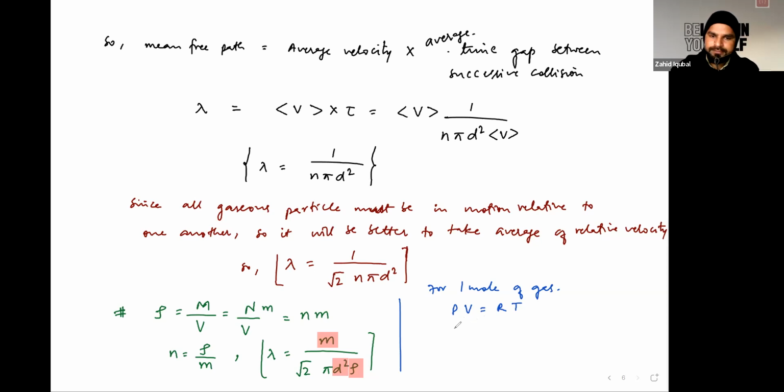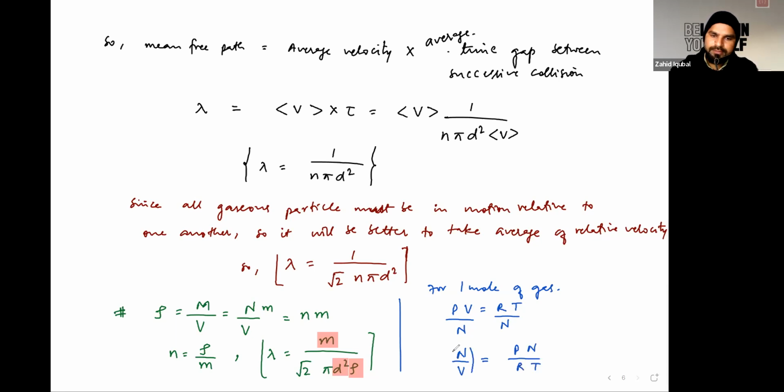Now just divide each side by N. If you take a reciprocal, N by V becomes P times N divided by RT.